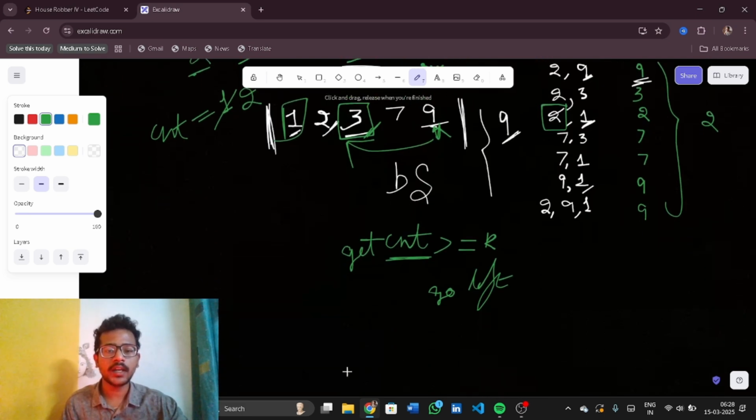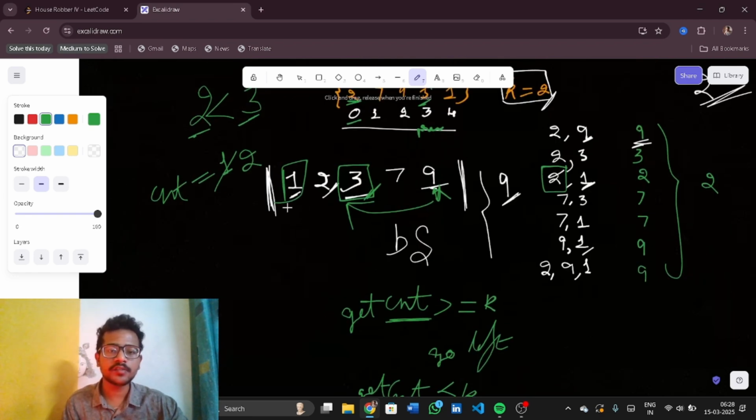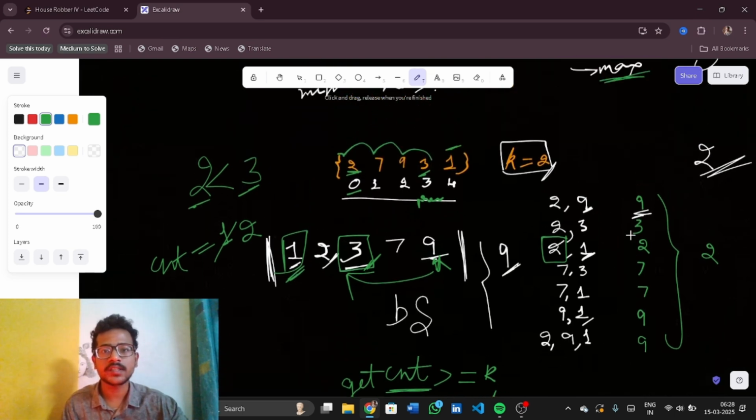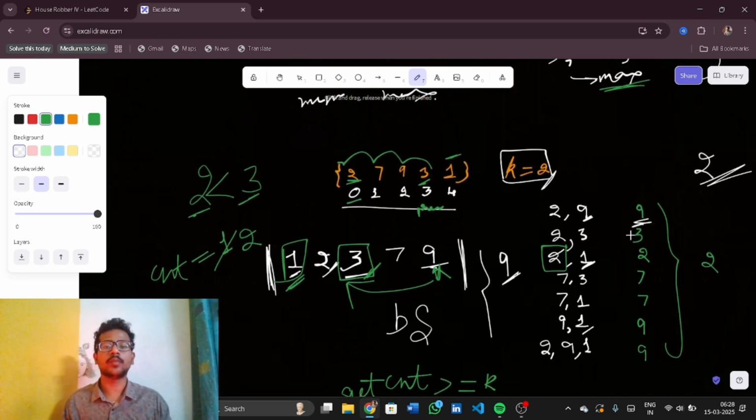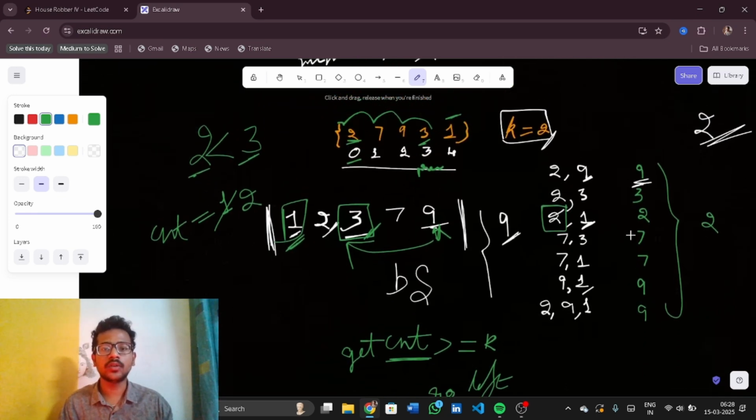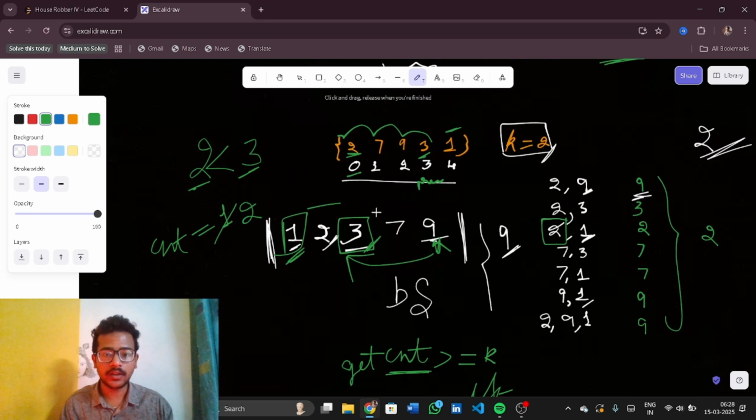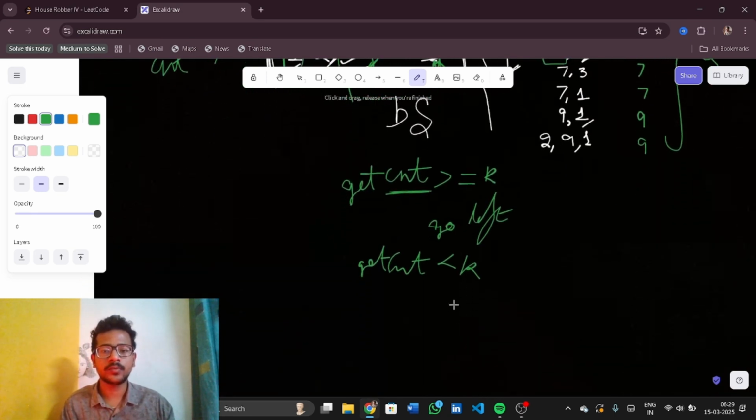So when get count is lesser than k, that means this maximum value from all these combinations is not suitable, it is lesser. So I need to go to the right side and take a greater value. So go right.